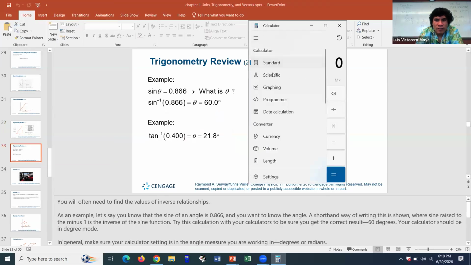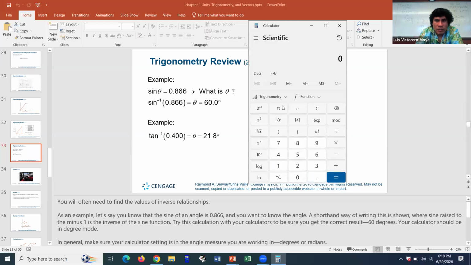You go to scientific here, and you do second sine. So sine inverse of 0 is 0. Now let's do this one, 0.866. I go to trigonometry, the sine inverse, and that's 59.99, which we round to 60 degrees.